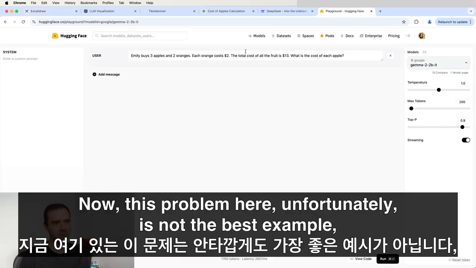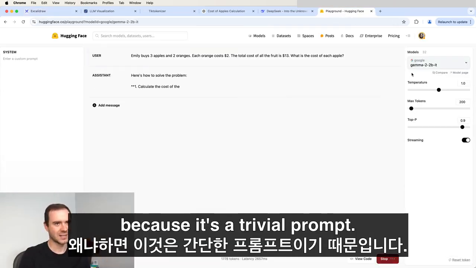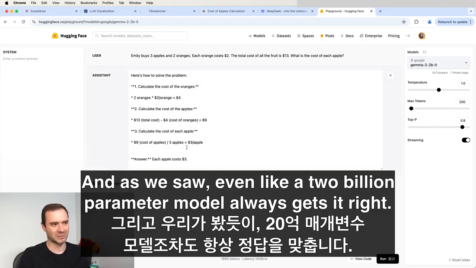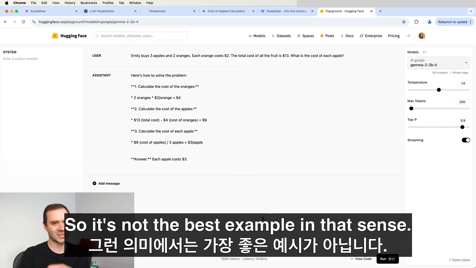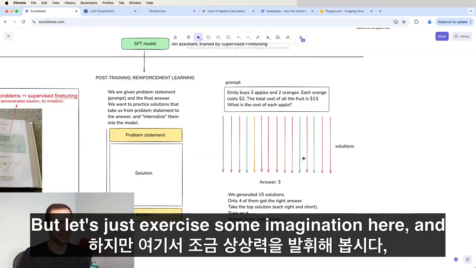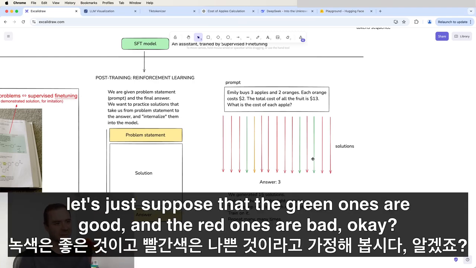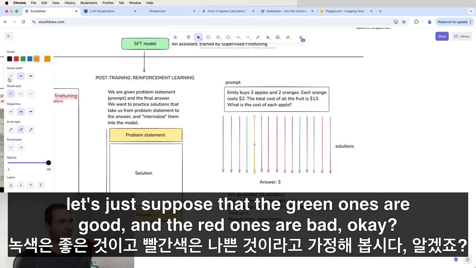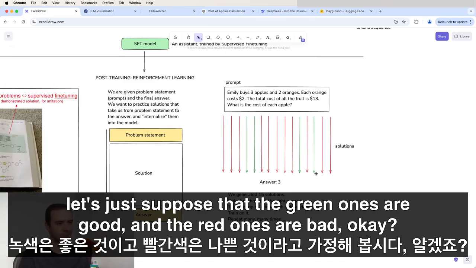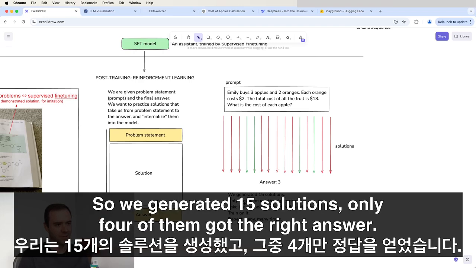Now, this problem is unfortunately not the best example because it's a trivial prompt, and as we saw, even a 2 billion parameter model always gets it right. But let's exercise some imagination and suppose that the green ones are good and the red ones are bad. Okay, so we generated 15 solutions, and only 4 of them got the right answer.